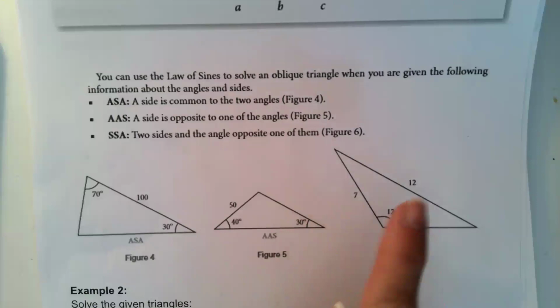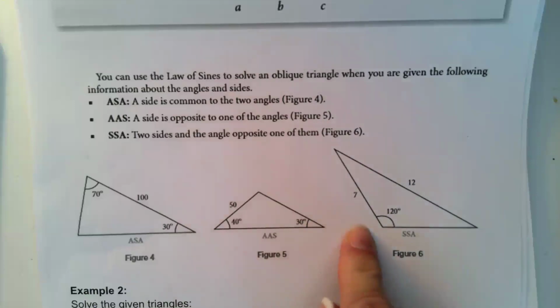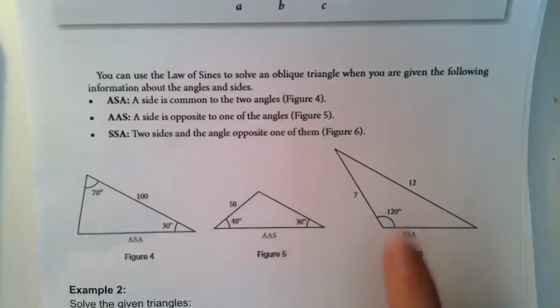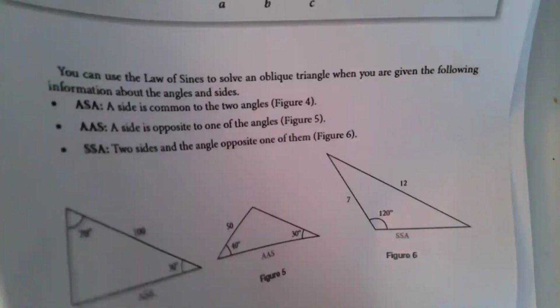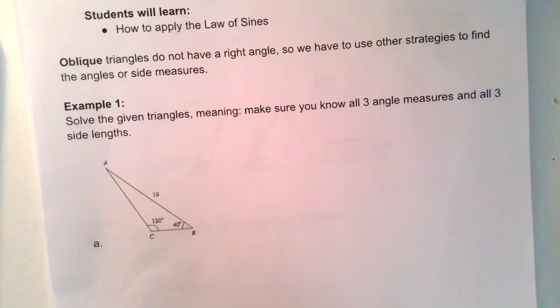Or we could have side, side, angle. Side, side, angle could have some extension situations, and we'll go over those in a minute. So let's look at a couple of examples using the law of sines.